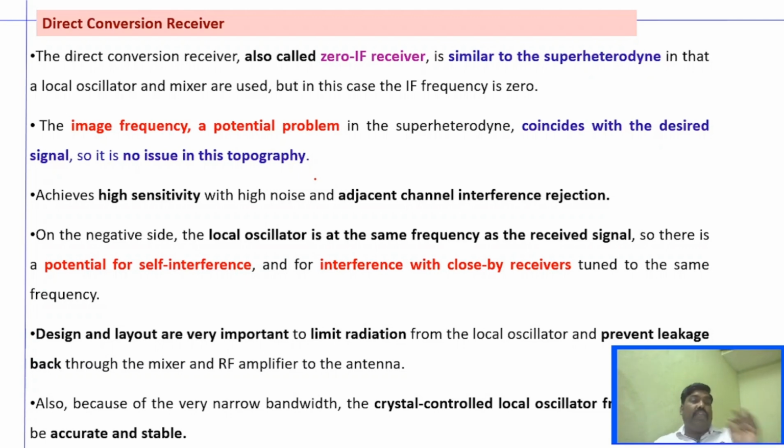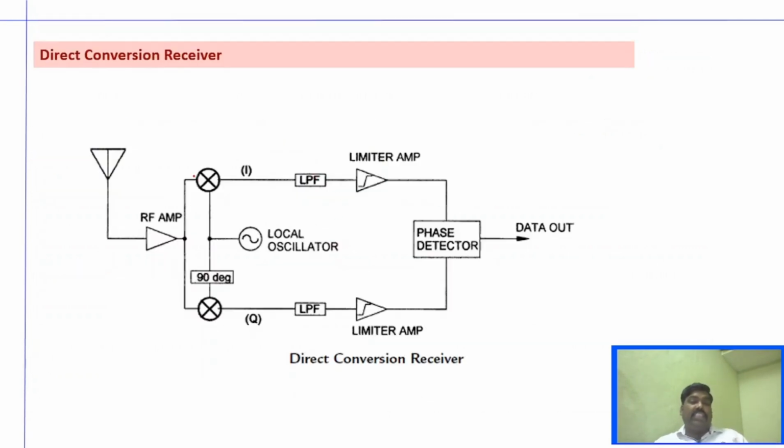Coming to the working of direct conversion receiver, this is the very simple operation of it. Here we use the antenna to receive the RF signal which is transmitted, and that particular signal is given to two different mixers.